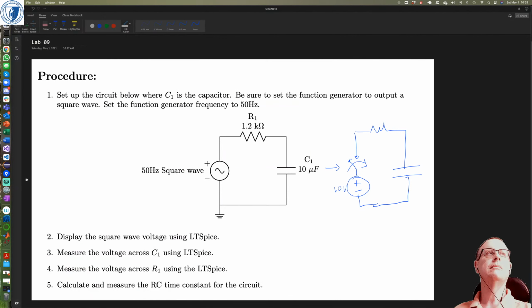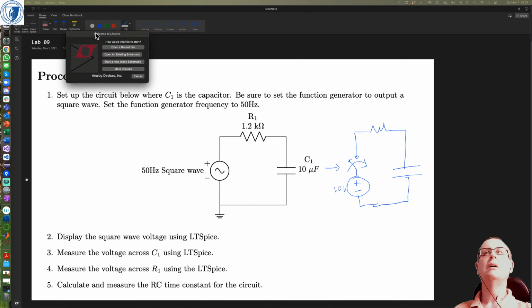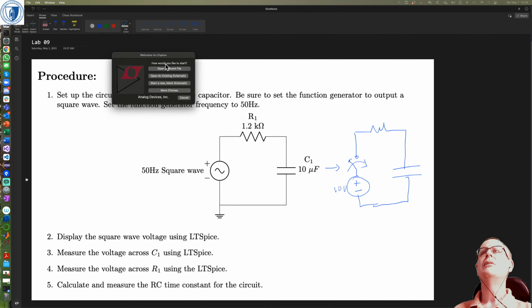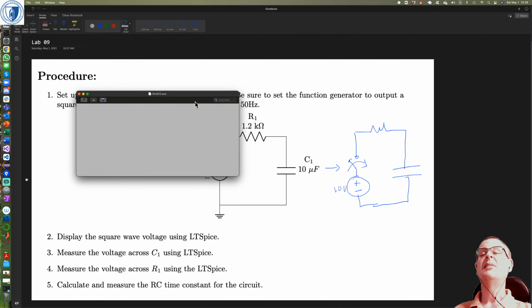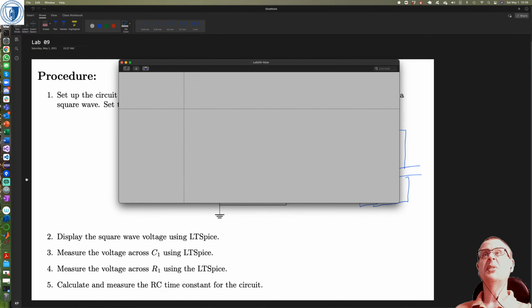Where did it go to? Is it over there? There it is. So let's start a new blank schematic. Let's save it as lab 9. Ooh, it already exists. Let's call it lab 9 new. So again, I like to do the wires first.